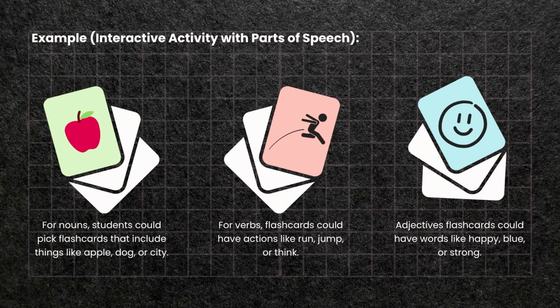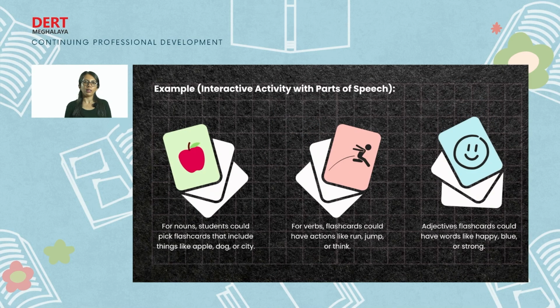This can be made more fun by introducing comparative and superlative forms, asking, which is the tallest student in the room? Or who feels the happiest today? These flashcards not only help students understand the function of each part of speech, but they also encourage active speaking practice, which is essential for building fluency.